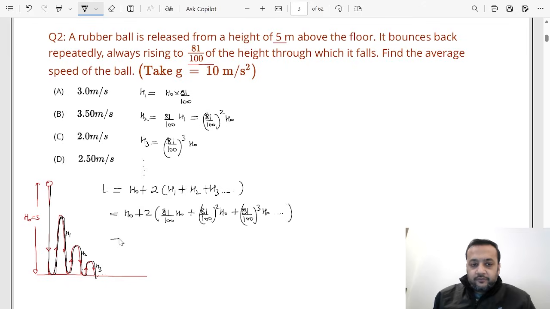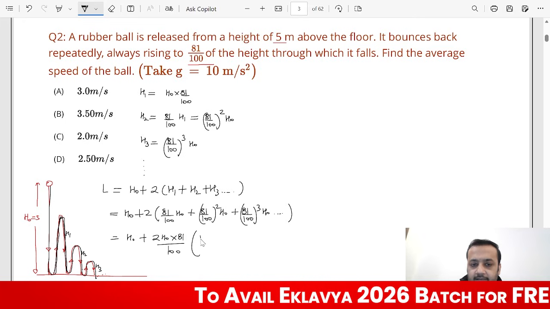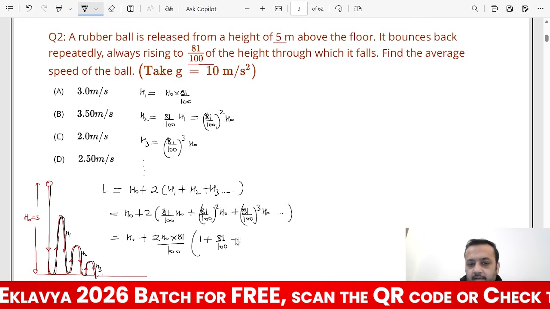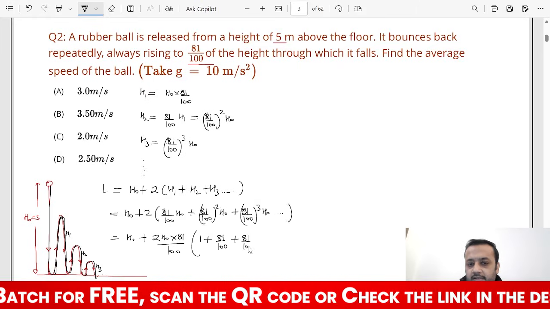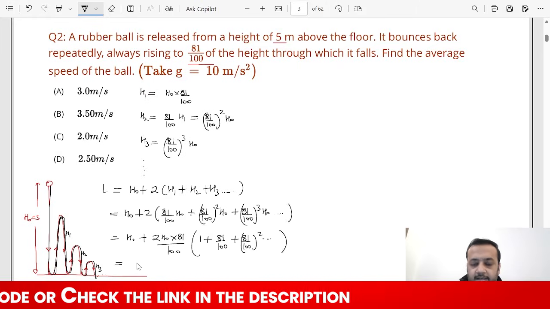If we see, we can take 2 into h naught into 81 by 100 outside. Here we will get 1, then here we will get 81 by 100, then here you will get (81 by 100) square, and this is the infinite GP that we will get.